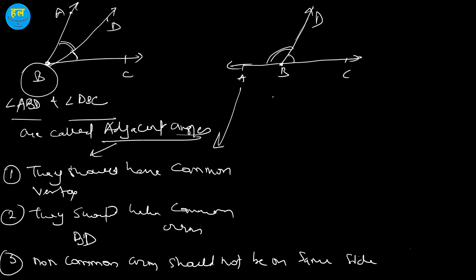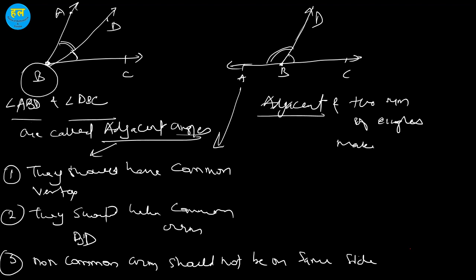If the angles are adjacent and the sum of the angles makes 180 degree, then they are called a linear pair of angles.